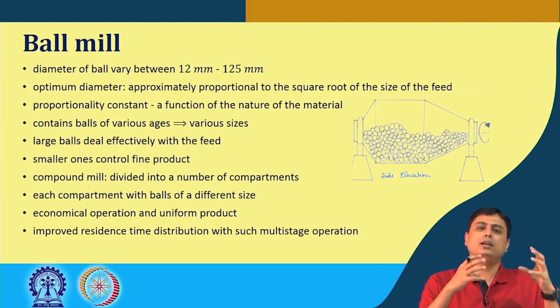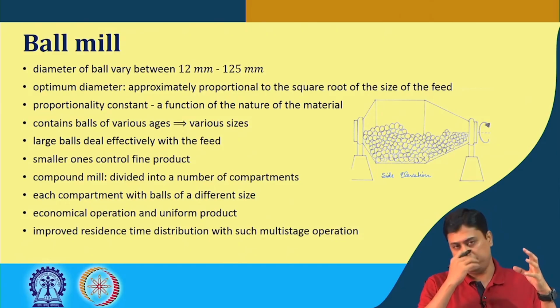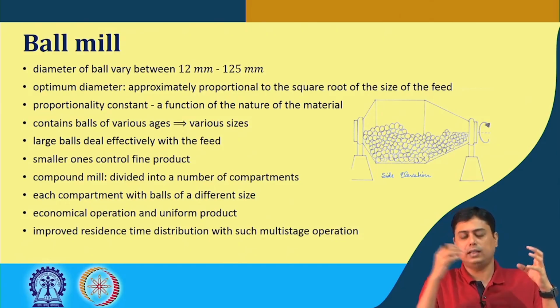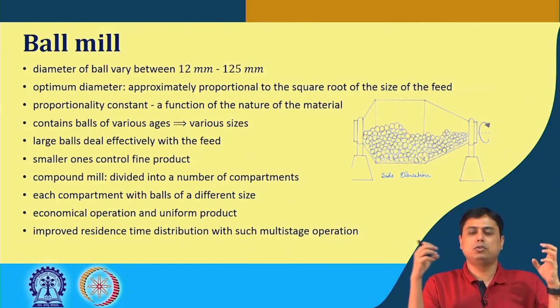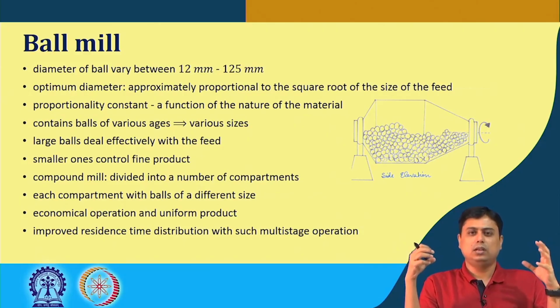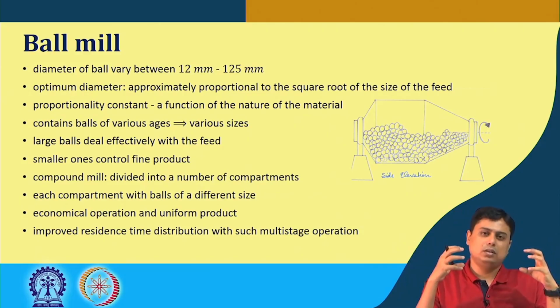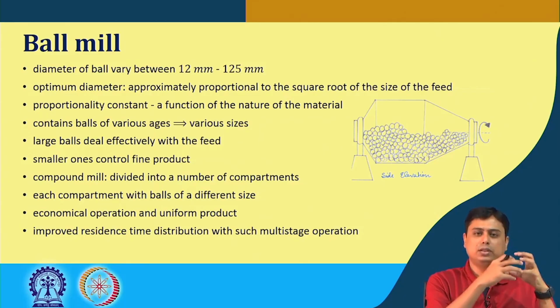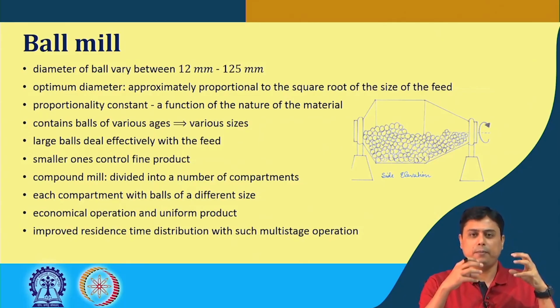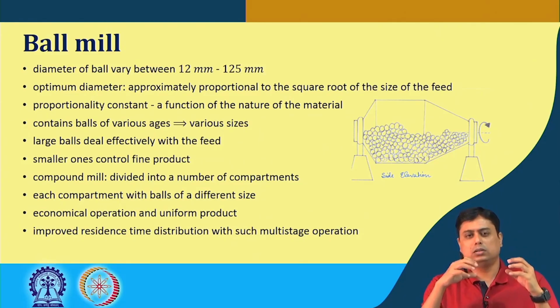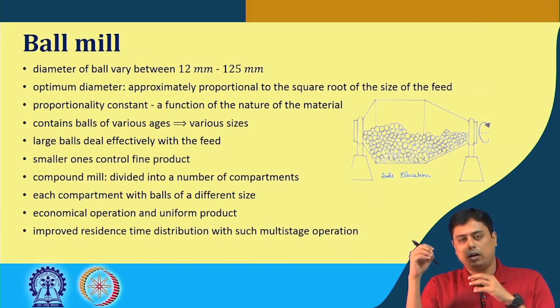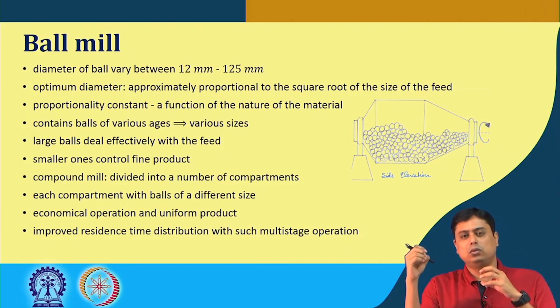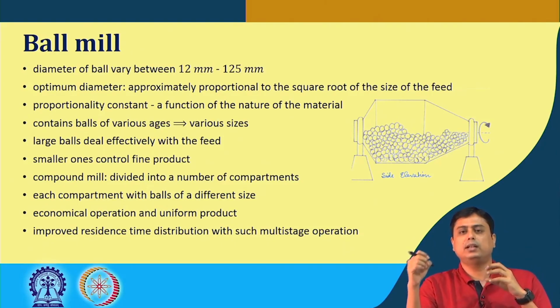So, when the feed is the most coarse material and the product is the finest material, then the large balls crush the coarser feed in the most efficient way, and the smaller balls handle the size reduction for the finer particles.